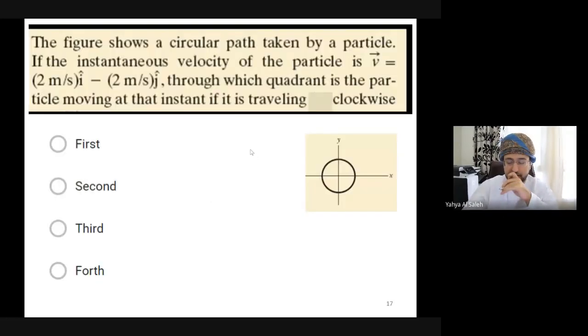So if it's going clockwise, in this direction, and we know that v equals 2i minus 2j, where is it? Is it first quadrant, second quadrant, third quadrant, or fourth quadrant?